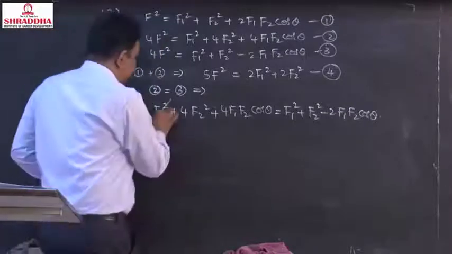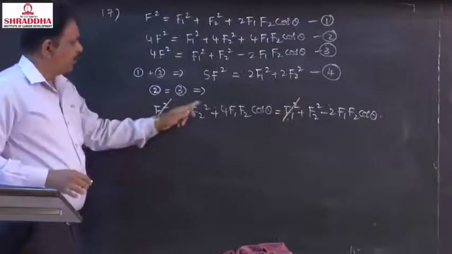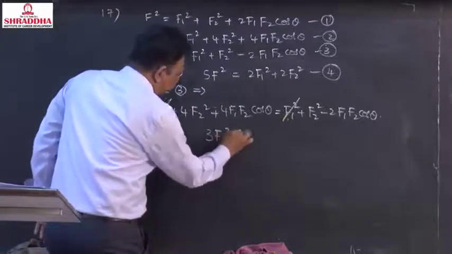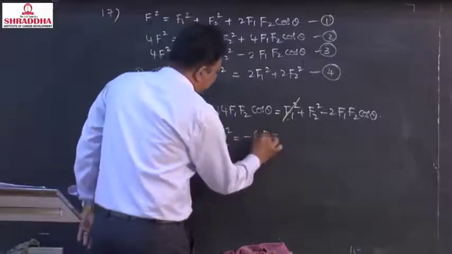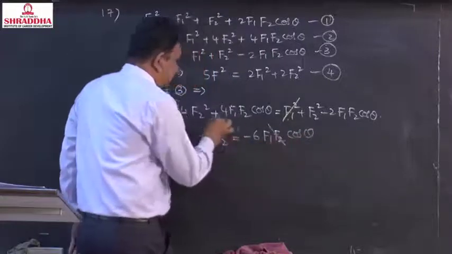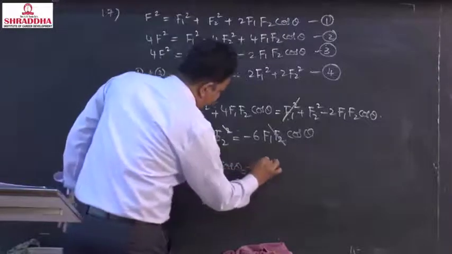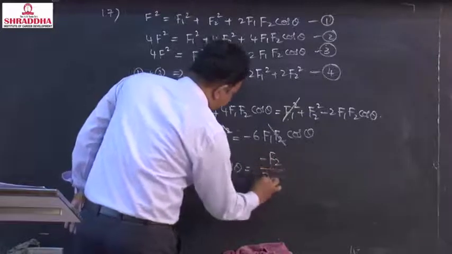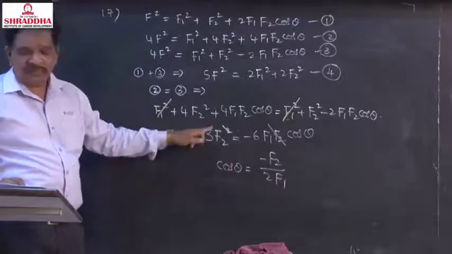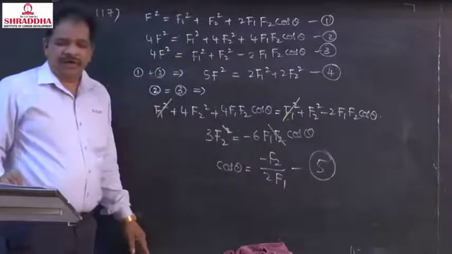Then these two will cancel. You bring the F2 square to this side. 4F2 square minus F2 square means 3F2 square is equal to minus 6F1 F2 cos theta. One F2 will cancel. Cos theta is equal to minus F2 by 2F1 we will get. Let this be equation 5.